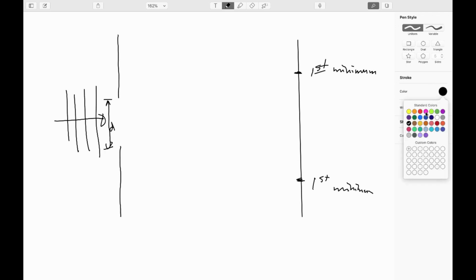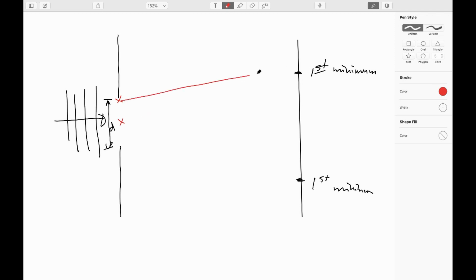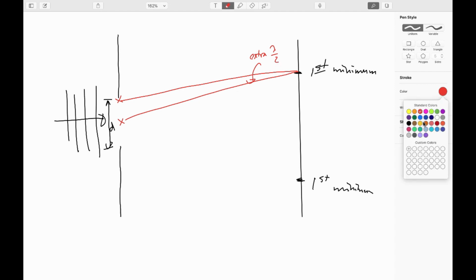It turns out you can look at pairwise points, like this point here and this point here, and realize that the extra distance traveled by the lower one has to be an extra half a wavelength. And you can do the same thing with any other pair of points.